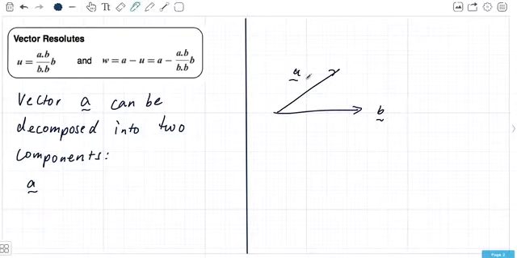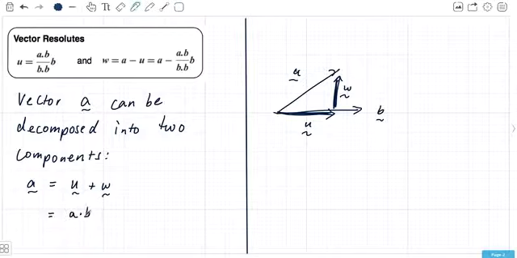There's B, there's A, there's U, there's W. We've got A equals U plus W. U, remember, was A dot B over B dot B, times B. So we've got A dot B over B dot B times B. So that's the U component.